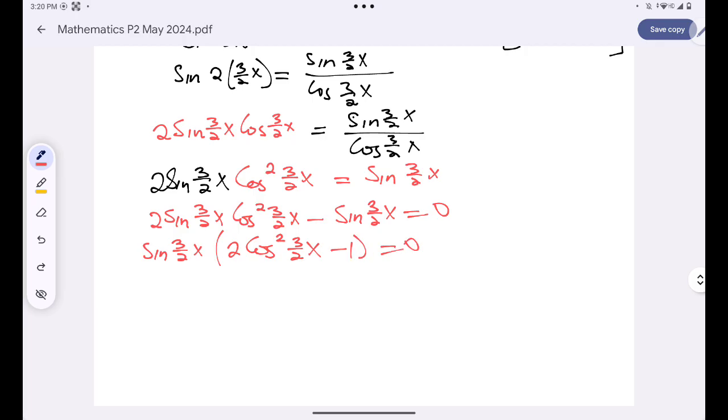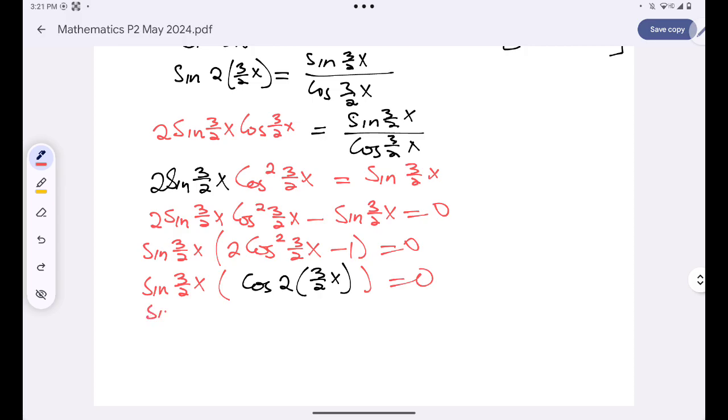But 2 cos squared of an angle minus 1 is an expanded version of a double angle identity. So this will give me sine 3 over 2x multiplied by this is cos 2 multiplied by 3 over 2x is equal to 0. Are you together?